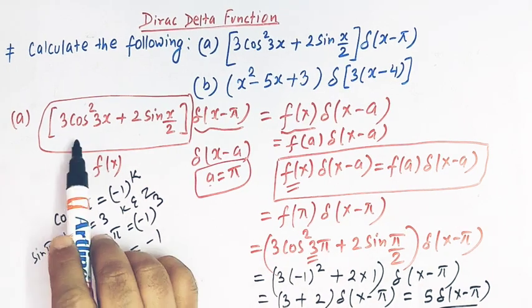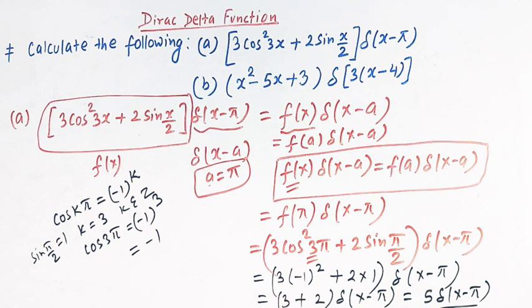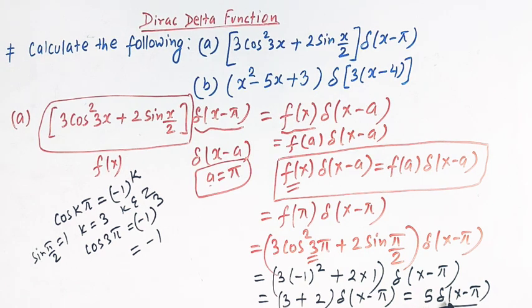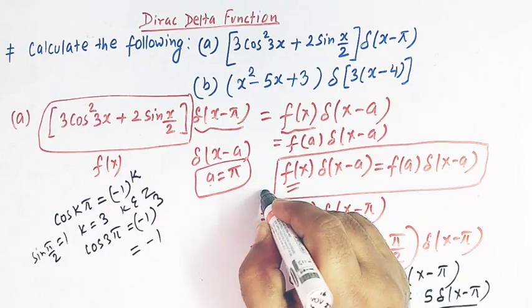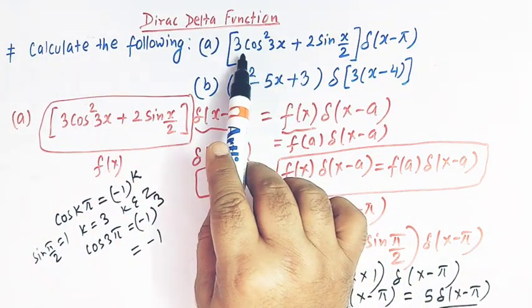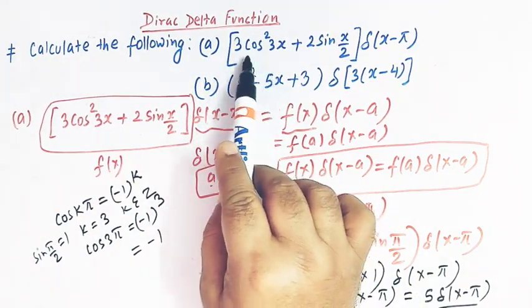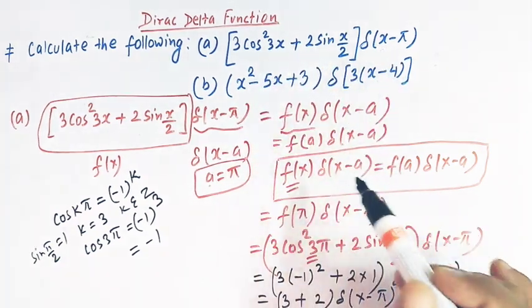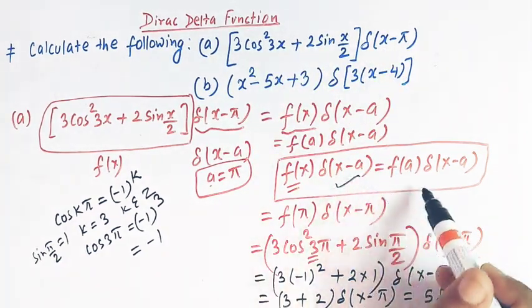So the value of this expression is equal to 5 times delta of x minus pi. And always remember that to calculate the value of these kinds of expressions, we can use this relation.